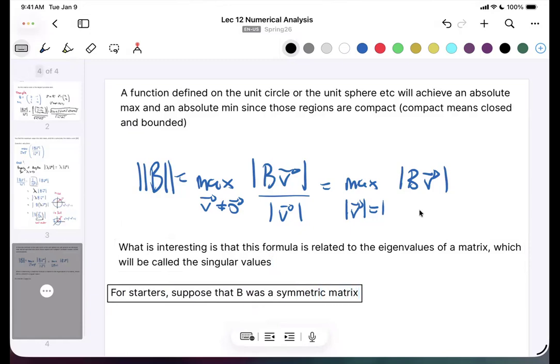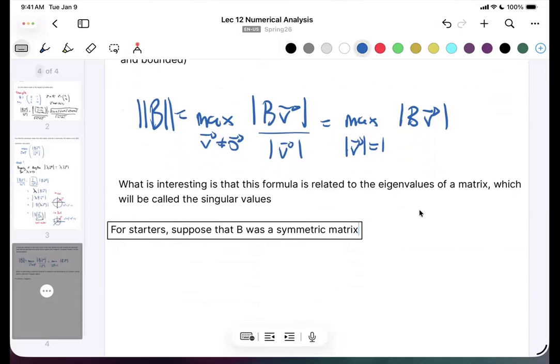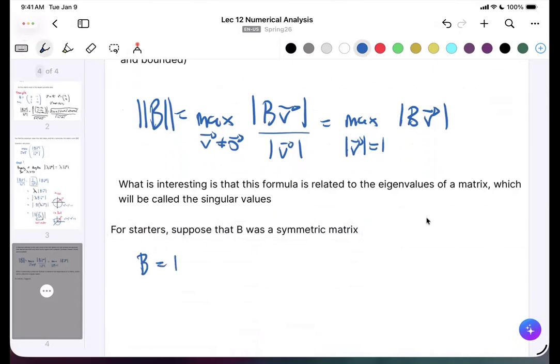B being symmetric just means that B equals its transpose, right? By the way, anyone feel free to stop me if I need to spend more time on the linear algebra, because I know in differential equations you cover some of it, but if you haven't taken linear algebra, some of these things may not have been discussed. But if B is symmetric, one of the nice things that happens is, first, all its eigenvalues are real.